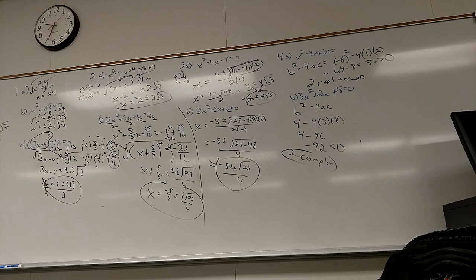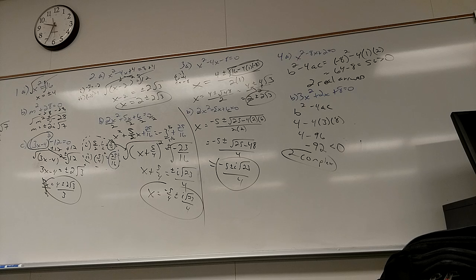What's the only piece that matters? That number, negative 11. It's in a square root, so that makes it complex. What's the only piece I can look at to see if it's going to be complex or real? That thing, because it's in a square root. That's the only thing I have to check.